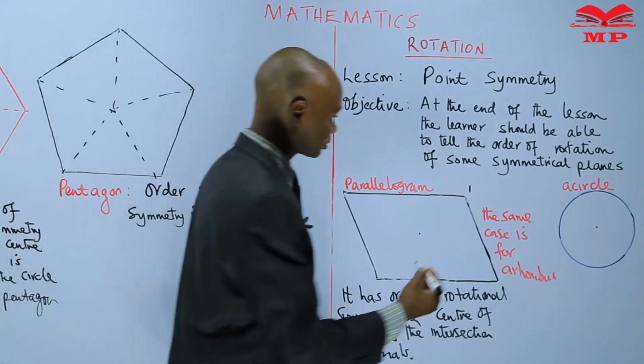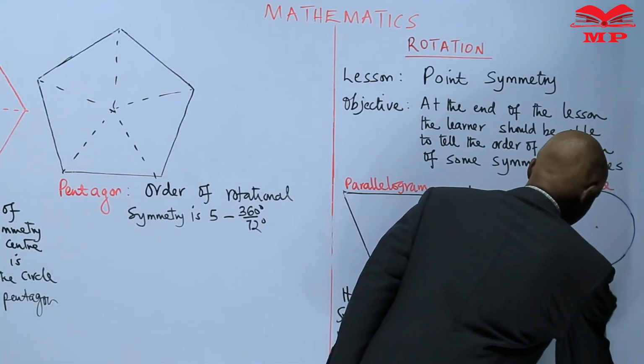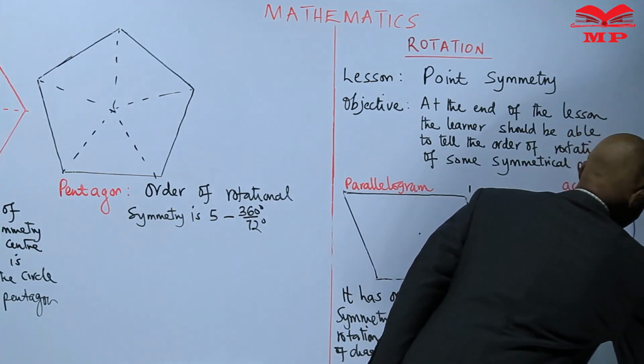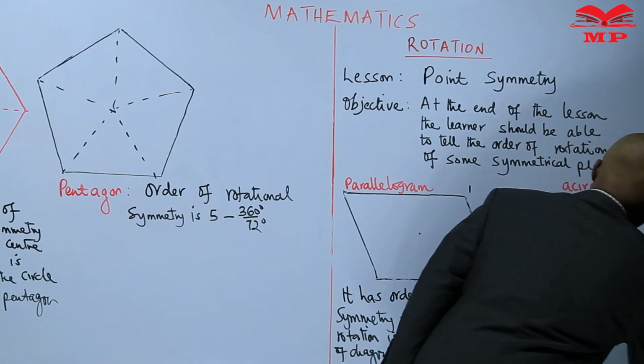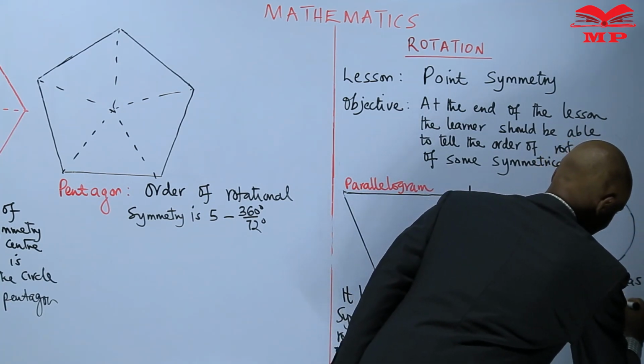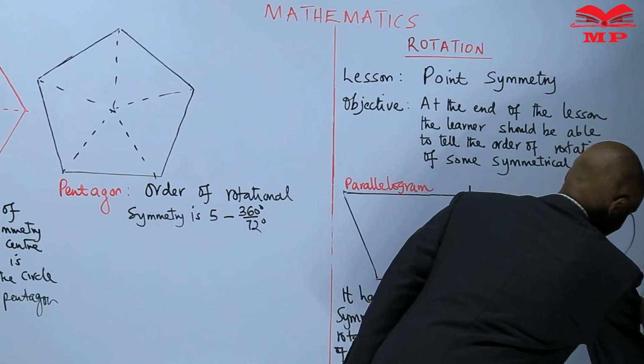So, a circle has infinite order of symmetry.